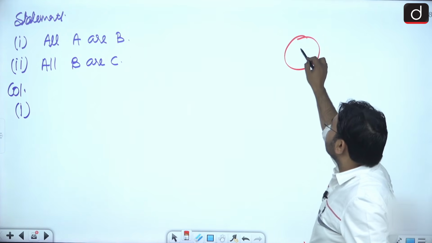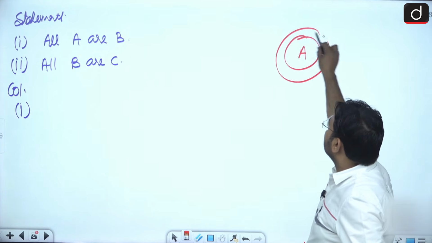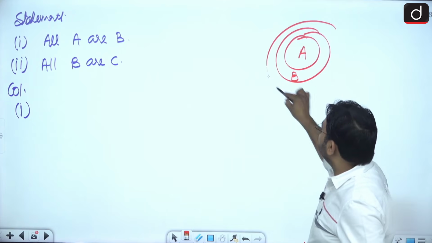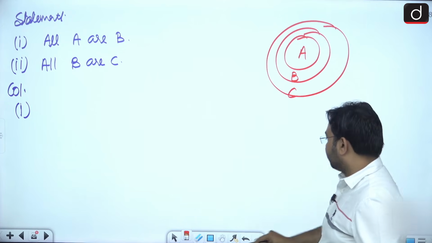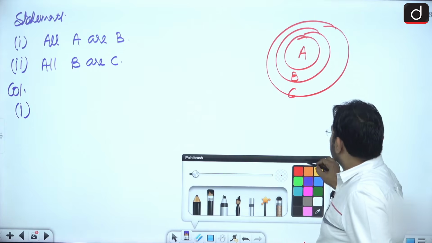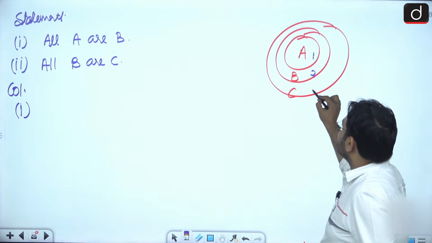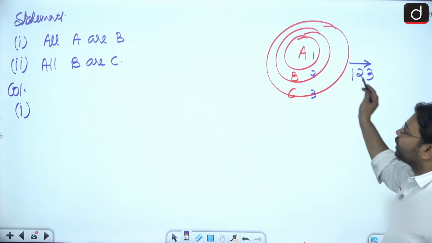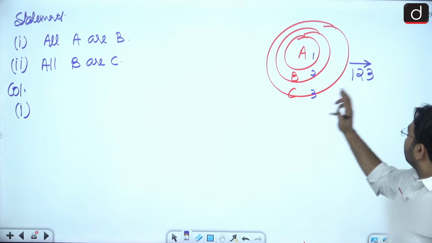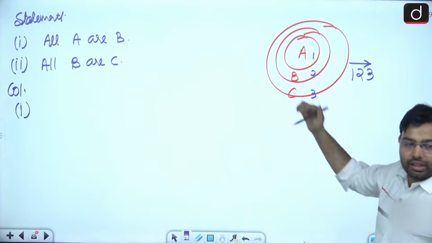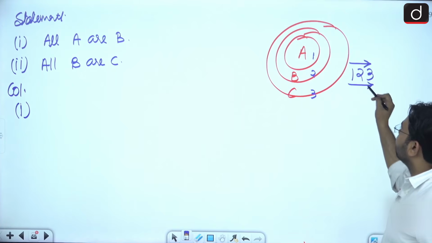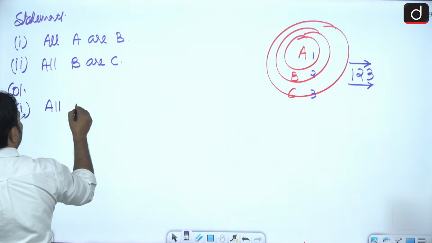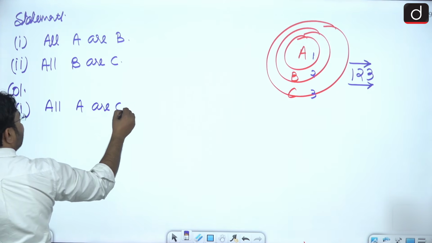First, you need to draw this one. This is A, then this is B. All A are B, then all B are C. If this is 1, this is 2, and this is 3, and if you are going 1, 2, 3, it means 1 to 2, all A are B, 2 to 3, all B are C. Now, 1 to 3, all A are C is the valid one.